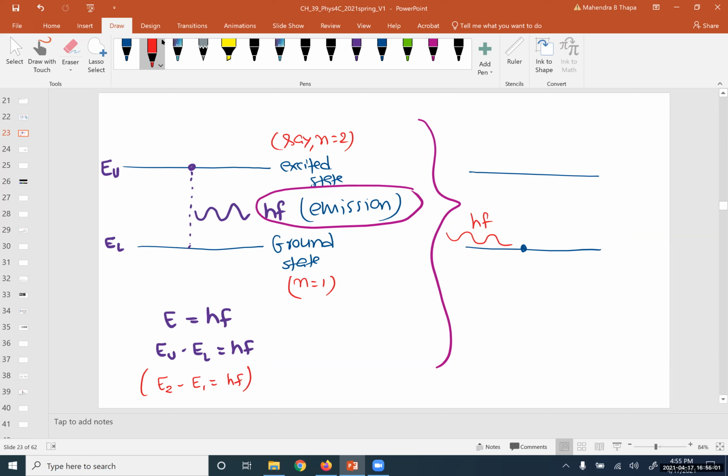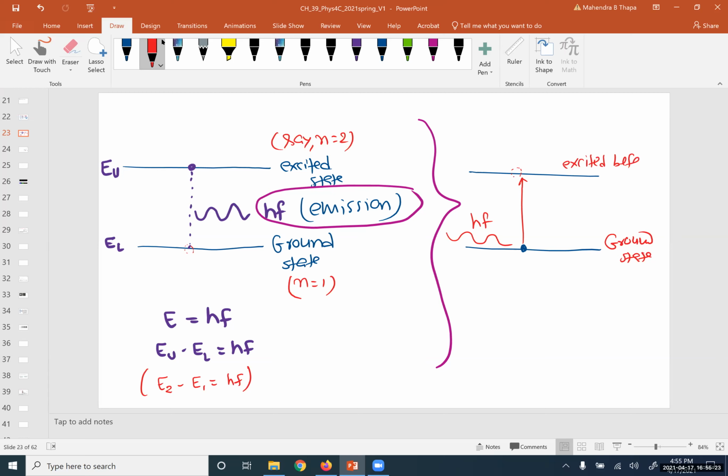So the electron will absorb it, then it will jump to a high energy level over here. Okay, over here at that point. So it goes from the ground state to the excited state. Okay, as before.